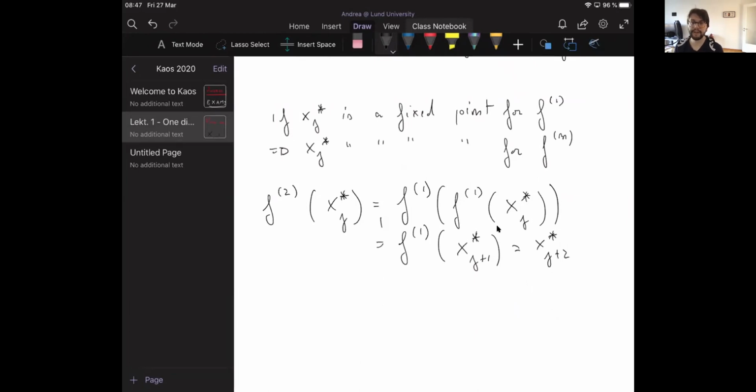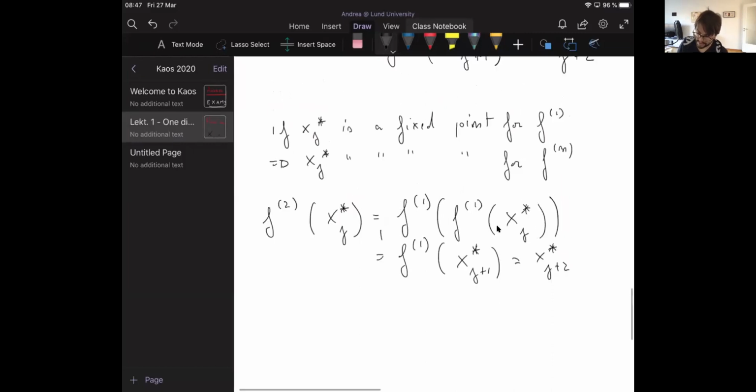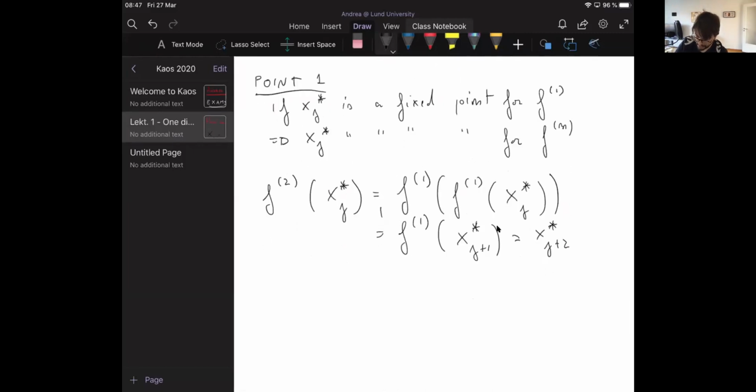So only the thing that I have on the slide right now. This should be clear. Yes, fantastic. And then the stability. That's exactly the thing that I wanted to go further. So this is, you can call it, a little bit too small to call it a theorem, but let's call it point 1. And then let's go to point 2.